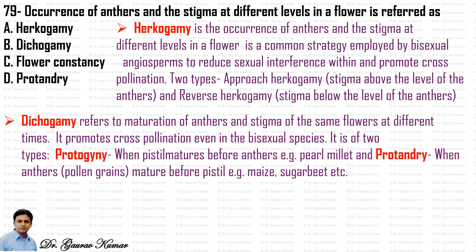Dichogamy refers to the maturation of anther and stigma of the same flower at different times. It promotes cross-pollination even in bisexual species, and it is of 2 types.